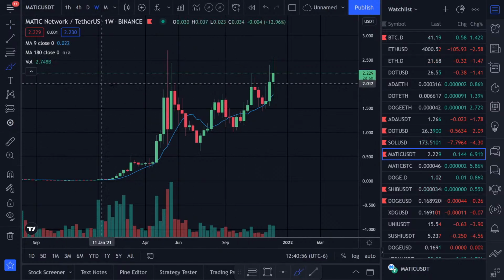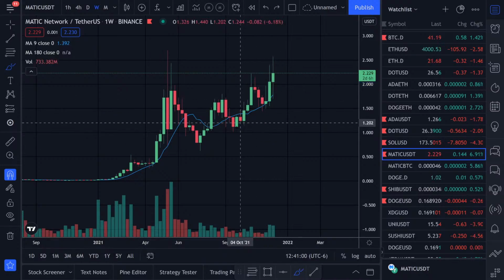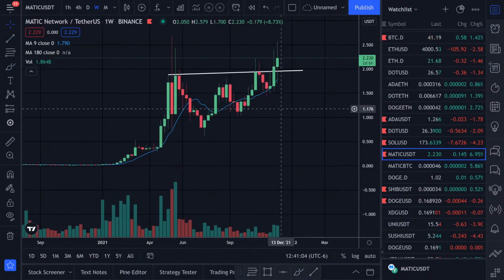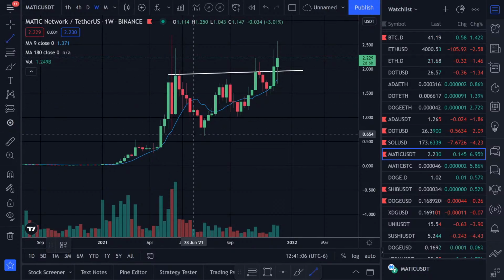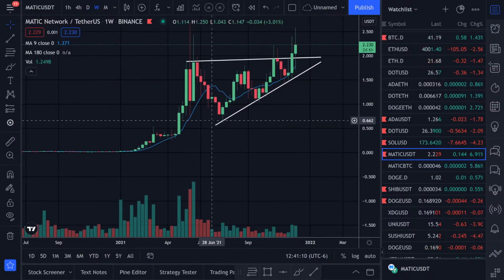Okay, so we have resistance right here and resistance right here. This is another reason why I've been really liking MATIC: we have this resistance right here, and then we have support on the bottom like this, and this pattern looks pretty good in my opinion.